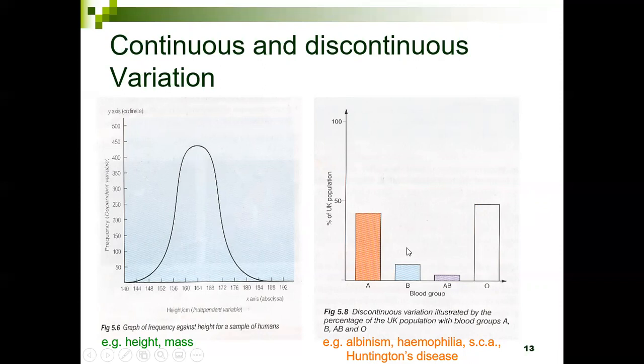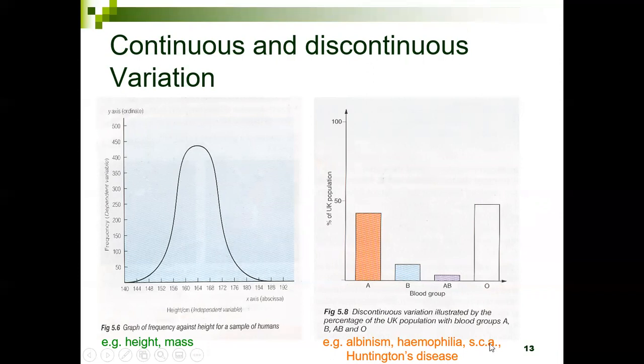Whereas discontinuous means it is categoric, like blood group: you've got A, B, and O only. So it's category, not continuous, not quantitative. Left side is quantitative, right side is qualitative. Quantity versus quality. Example, height or mass is quantitative, it's continuous.